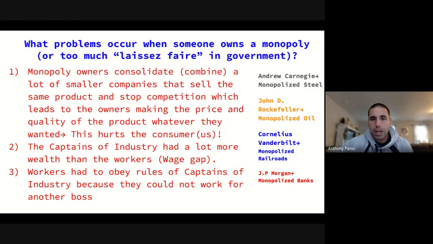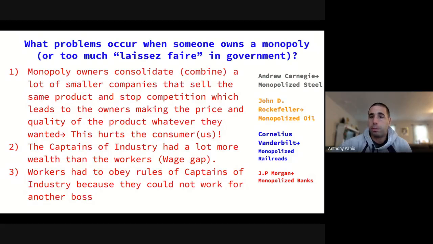Number two, the captains of industry had a lot more wealth than the workers. This is known as a wage gap. So the bosses of the captains of industry, of the monopolies, were extremely wealthy, some of the wealthiest people in the world. Yet their workers, many of them immigrants, didn't make much money at all. Now, should the boss of a company make more money than the people?